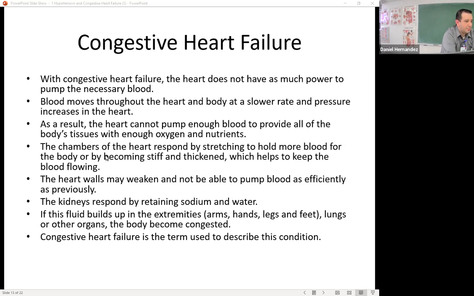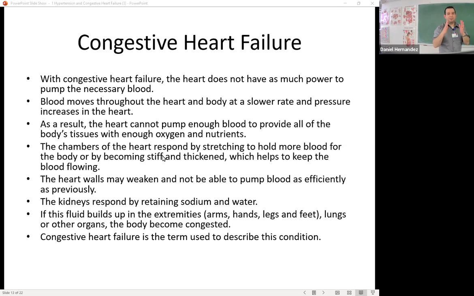The heart is going to respond to this increased demand by trying to stretch more to fill more blood, to try and get more blood out, or by becoming stiff or thickened. If it has preserved systolic function, the heart's going to try and dilate, get more blood in to pump that extra blood out to meet the demands of the body.